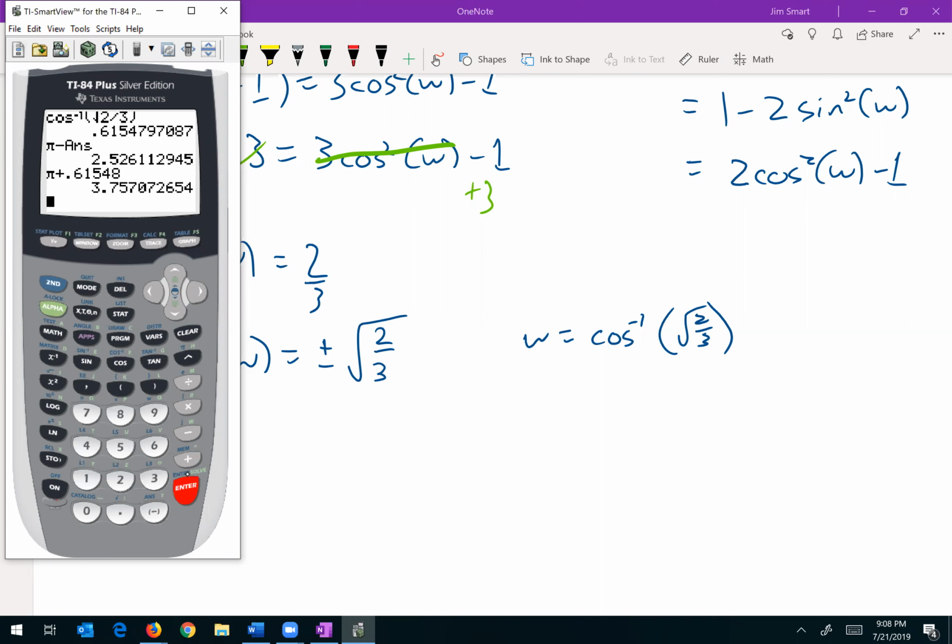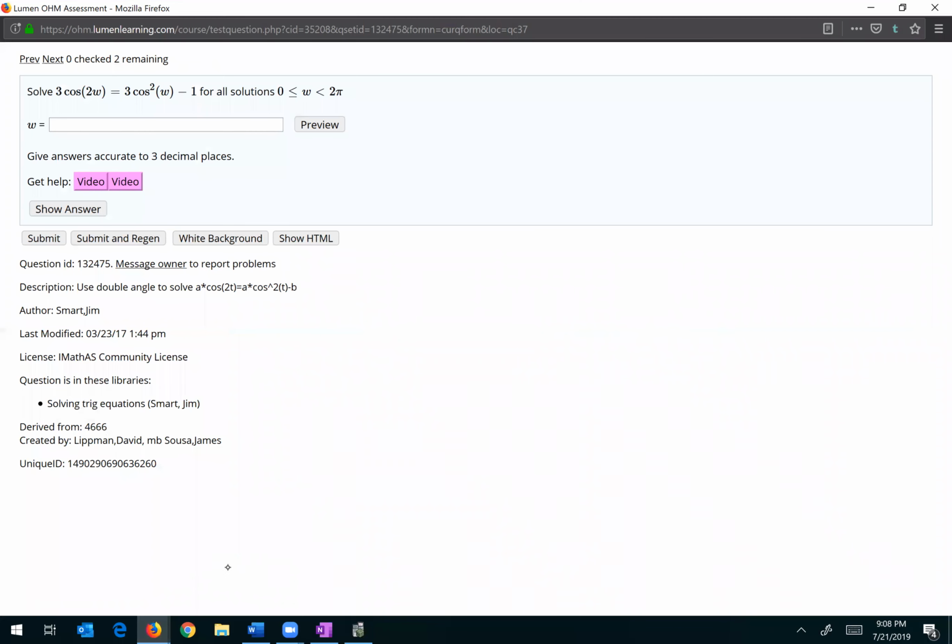And then for the last one, in the fourth quadrant, I'd do 2 pi minus that 0.61548. Rather than typing them in, I think I can click show answer. And there are your 4 solutions.